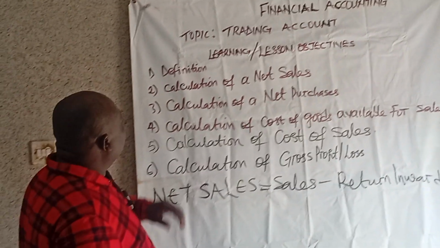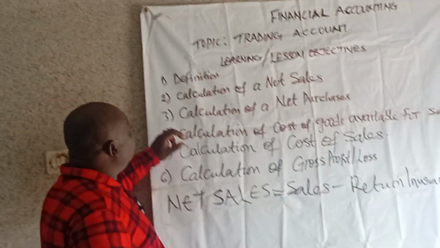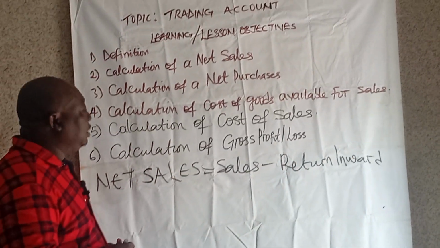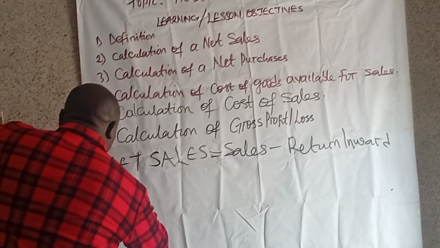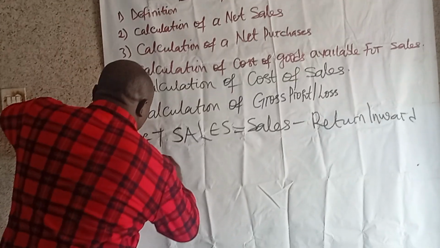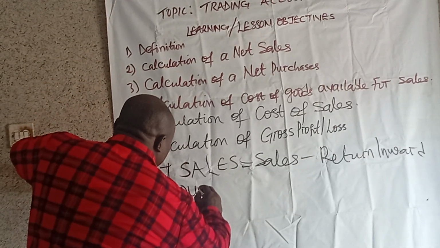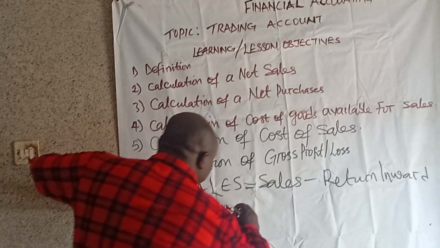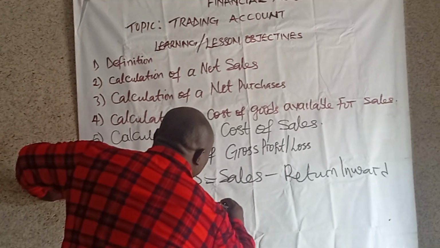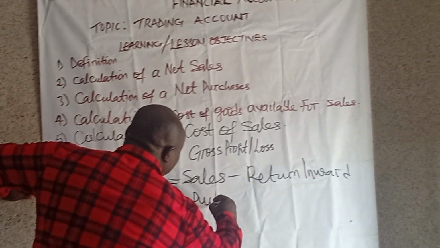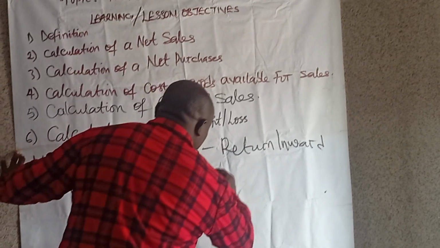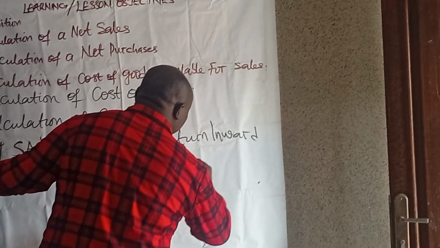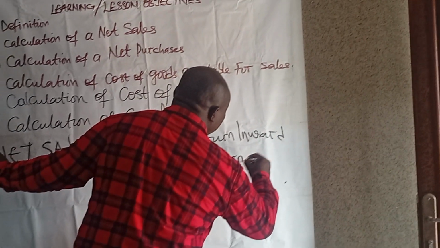Now, the next one is calculation of net purchase. How do we calculate net purchase? The formula is purchases minus return outward.